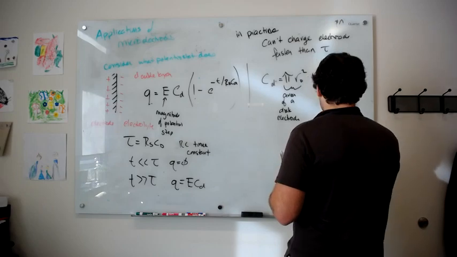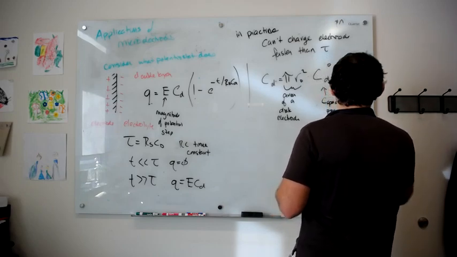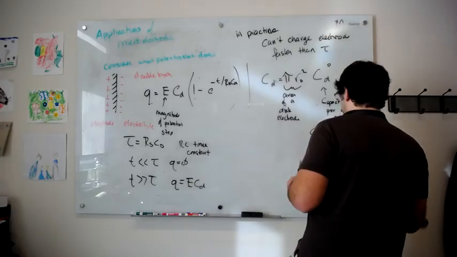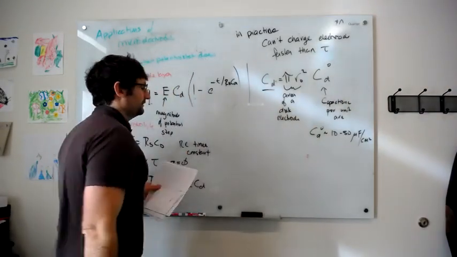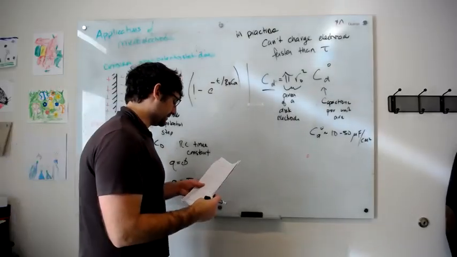CD naught is typically 10 to 50 microfarads per centimeter squared for most metals. So this is just defining the capacitance as a function of the area and the intrinsic capacitance.